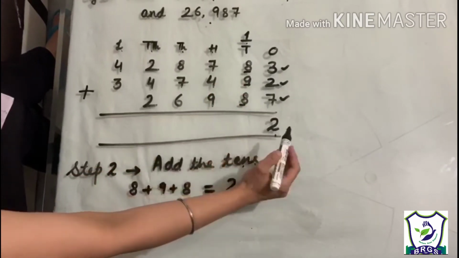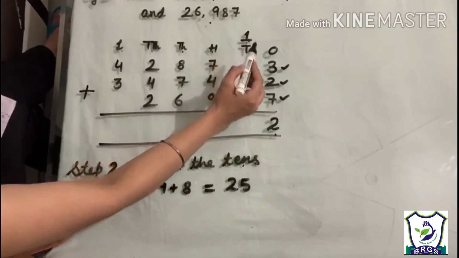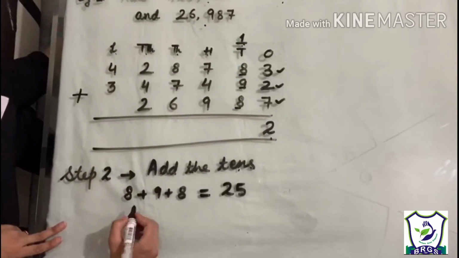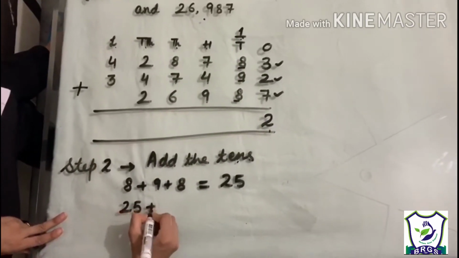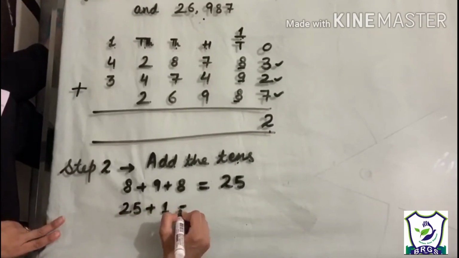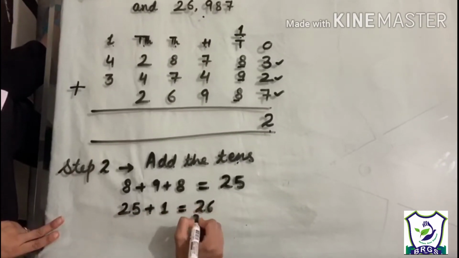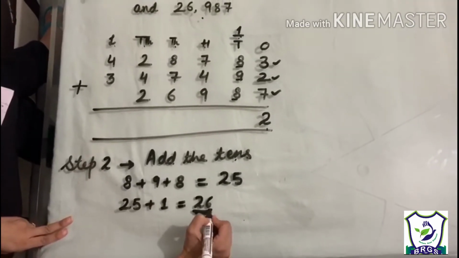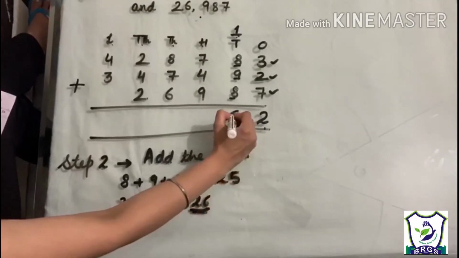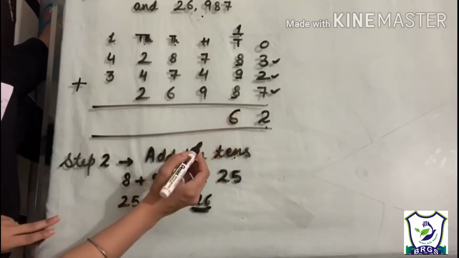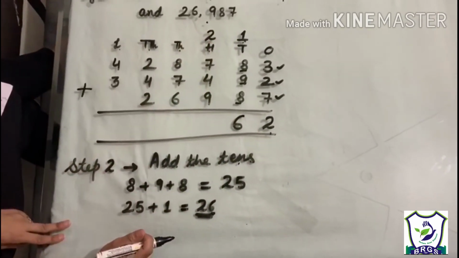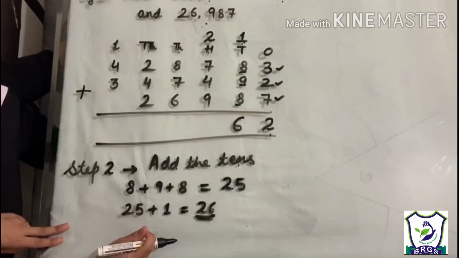So 25 plus 1, 1 is the carry, it becomes 26. So now write the 6 in the tens column and carry the 2 to the hundreds column.